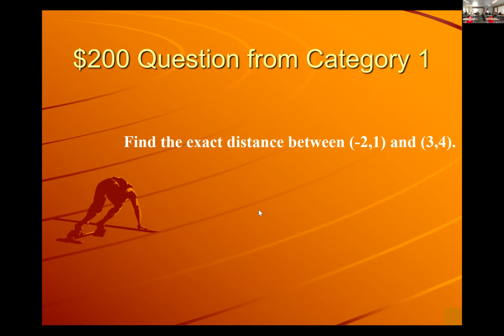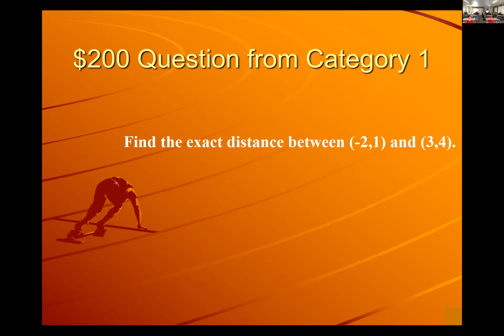Negative points. What's the formula? Does everybody know? It's x2 minus x1 plus y2 minus y1. That sounds way too hard and way too complex. Oh wait, is the answer 8? The answer is not 8. I'm working through this again.